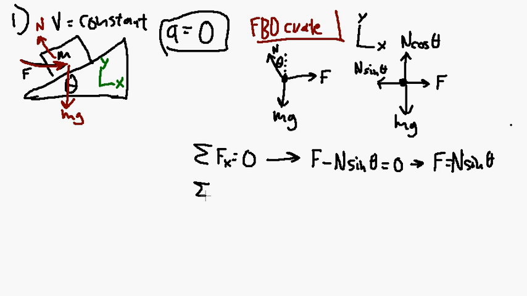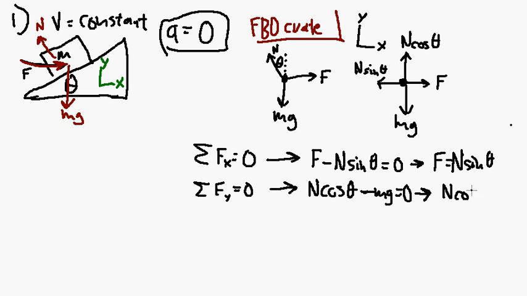Sum of forces in the y direction equals 0. So n cosine theta minus mg equals 0, n cosine theta equals mg, and n equals mg over cosine theta.